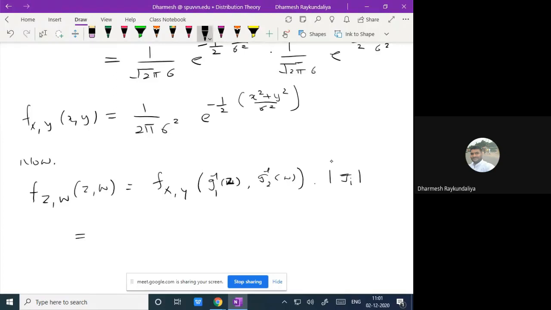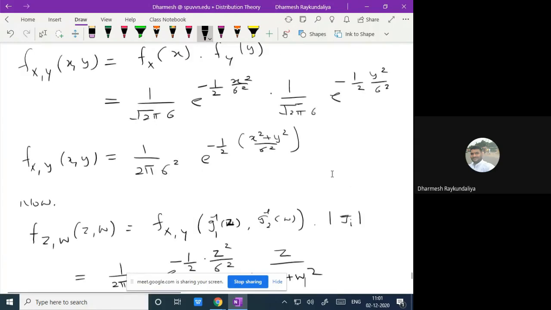Here x square plus y square is nothing but z square. So we can write it as 1 upon 2 pi sigma square e raised to minus 1 by 2 z square upon sigma square, and the Jacobian we obtained is z by (1 plus w) whole square, that is, 1 plus w square.